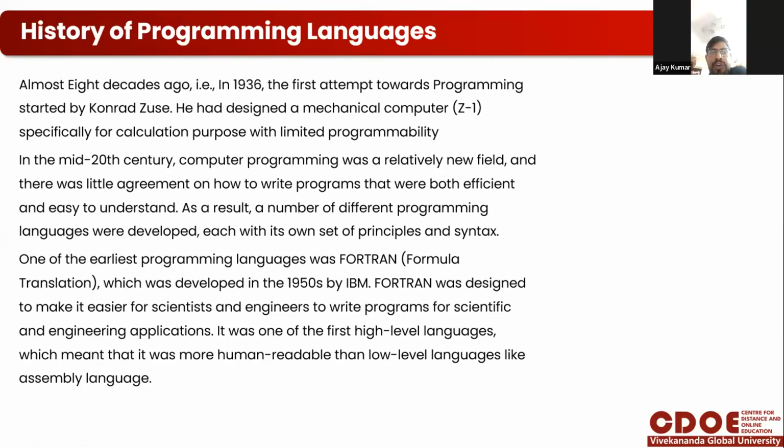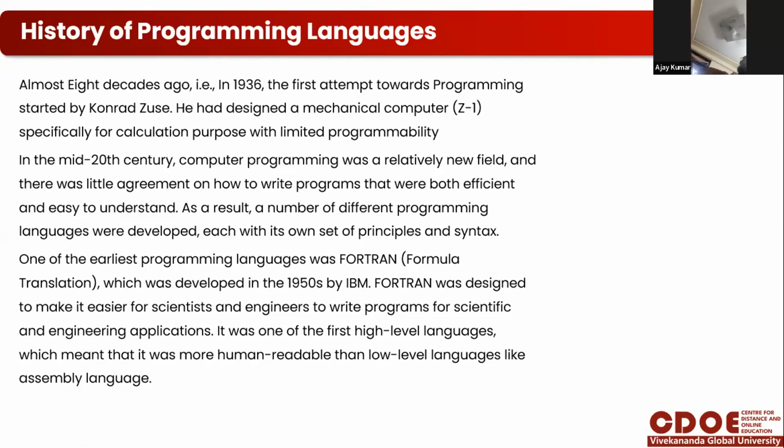One of the earliest programming languages was Fortran, formula translation, developed in the 1950s by IBM. IBM, everyone knows. Fortran was designed for scientific and engineering applications, to be used by scientists and engineers to write code.